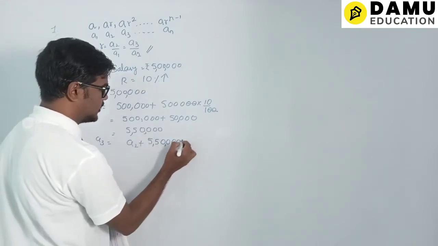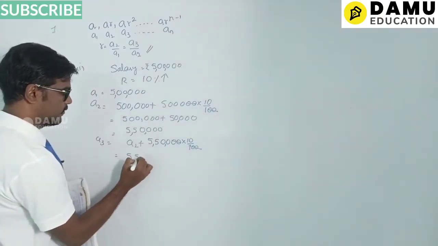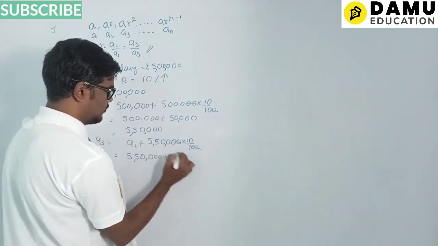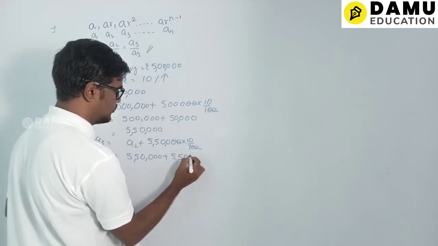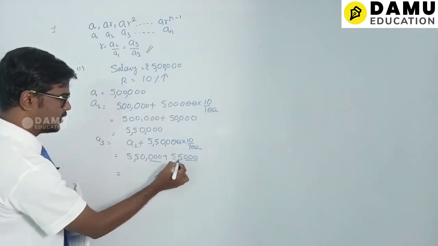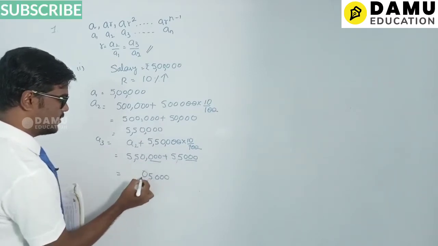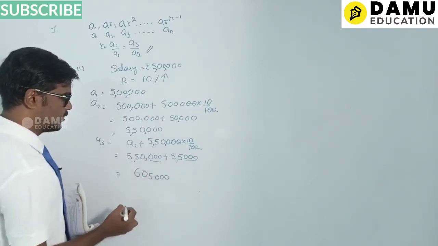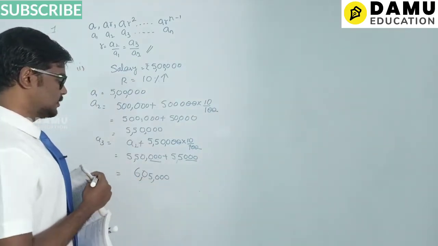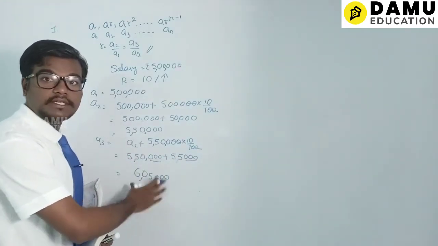So 5 lakh 50,000 into 10 by 100, because it is a 10% increment, gives 55,000. So 5 lakh 50,000 plus 55,000. The three zeros will go like that: 5 plus 0 will be 5, then 5 plus 5 is 10, carry 1, so 6 lakh 5,000. So A3 is 6 lakh 5,000, that is 6,05,000.